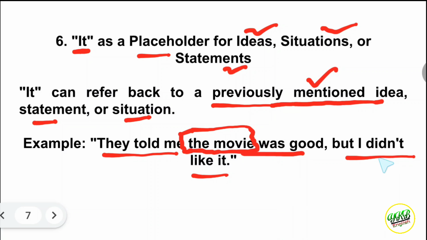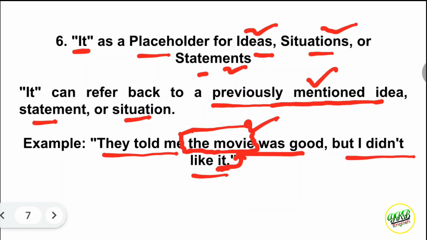In "I didn't like it," "it" is used for the movie as an object. But we can also say this is a placeholder for an idea, situation or statement.